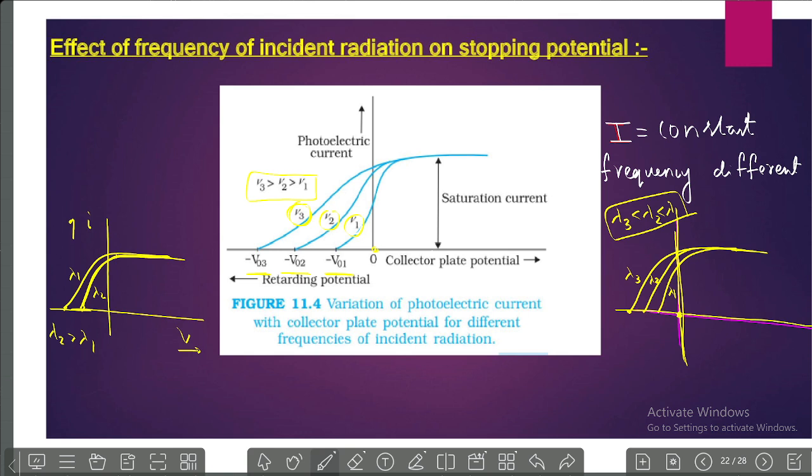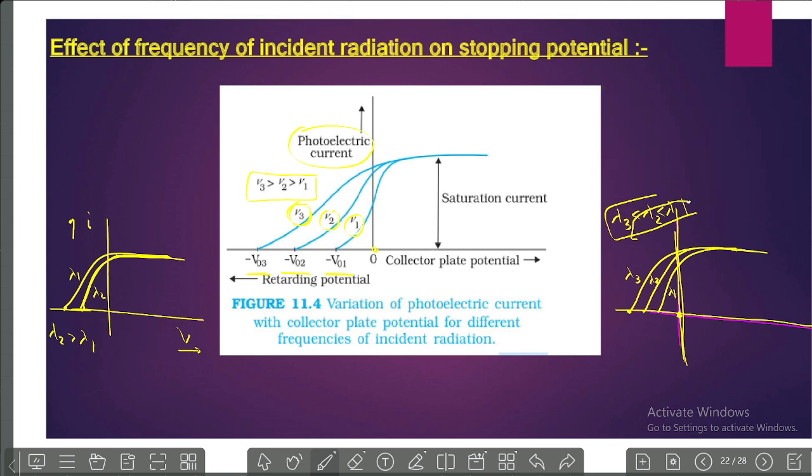In your book this diagram is given, and a 3 mark question comes on this graph. The question will be like this: draw the graph of photoelectric current versus collector plate potential for the same intensity and different frequency.